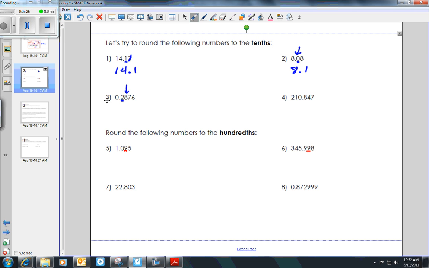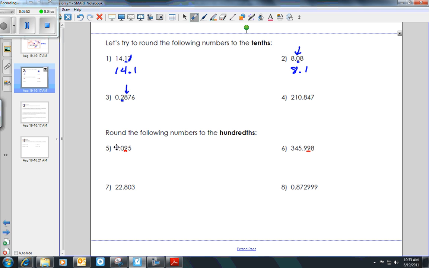Please remember, guys, you need to complete number 3 and number 4 here on your own. I'm going to do 5 and 6 with you. You're going to do 7 and 8 on your own. I would like to see you showing your work by underlining the place value that you're rounding to. Okay? So you're going to underline the place value you're rounding to. That's number 9 here and number 9 over here on number 6.